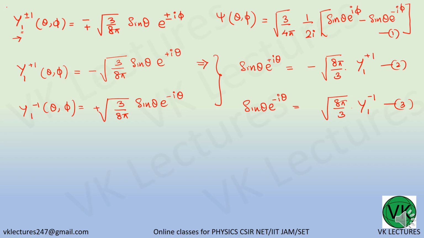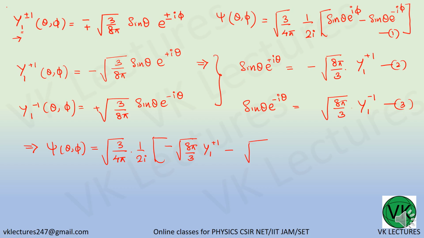We get psi of theta comma phi equal to root of 3 divided by 4 pi times 1 by 2i into sine theta e to the power i phi is minus root of 8 pi by 3 Y(1,+1) minus root of 8 pi by 3 Y(1,-1).